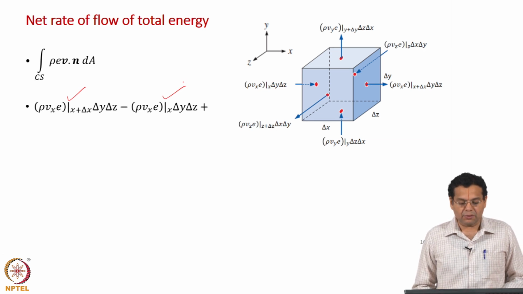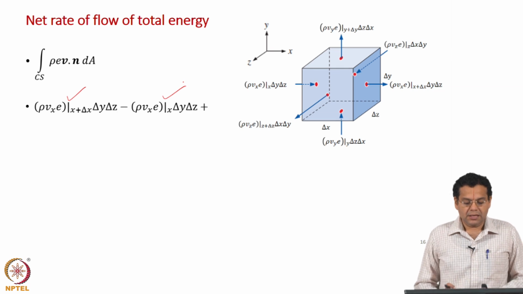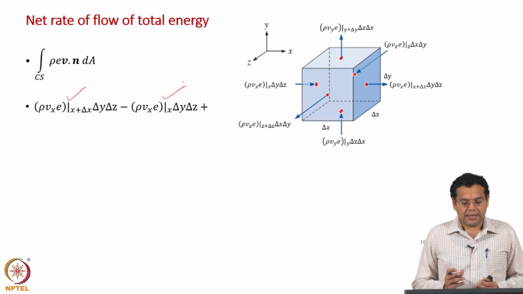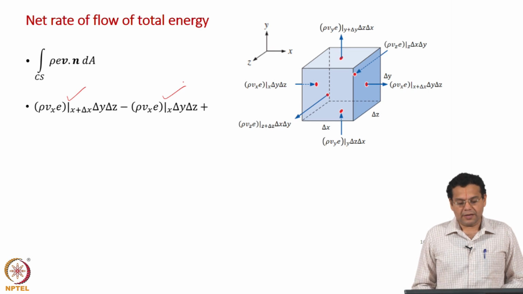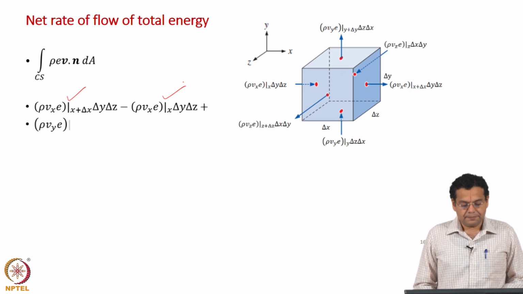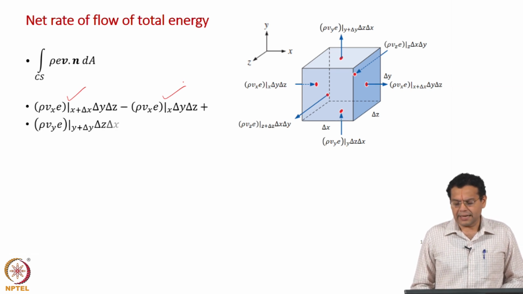When I say energy, I mean total energy. So, these two terms put together represent net rate of flow of total energy leaving the control volume through the control surfaces in the x direction. So, let us write similarly for other directions.